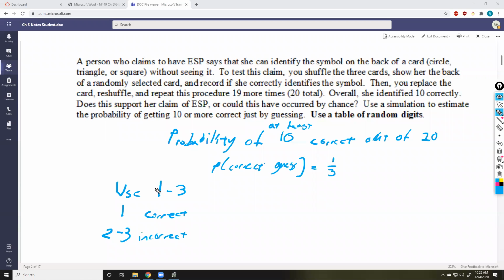So you could use 1 and 2 to be incorrect and 3 to be your correct. But as long as a third of your digits are correct and 2/3 of your digits are incorrect, then it should work fine for you. And we're going to do this 20 times.